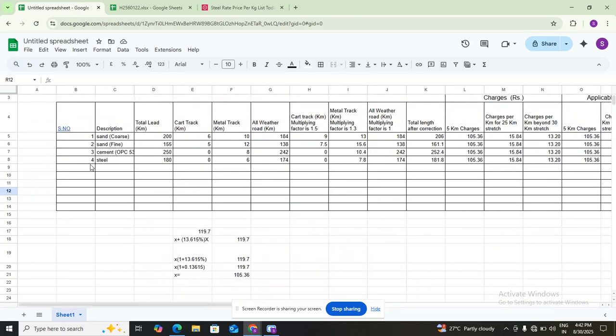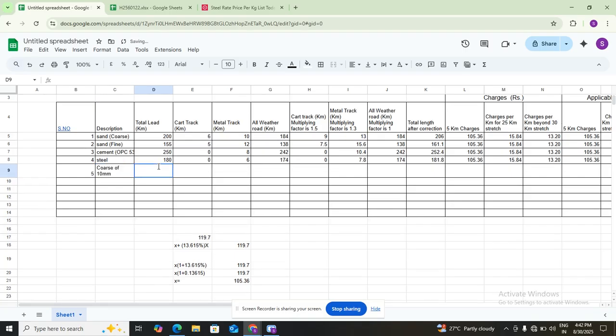Okay, next we need to go to the coarse aggregate. We need to calculate coarse aggregate of 10 or 20, anything. Coarse aggregate of 10 mm. When you take the lead, it is 166 kilometers.